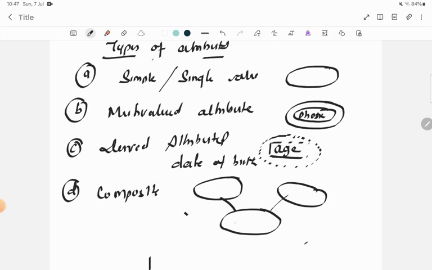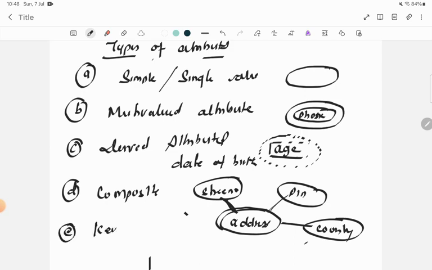For example, the address of a person is composed of street number, pin number, and country. So a composite attribute means this attribute is a combination of a number of attributes.